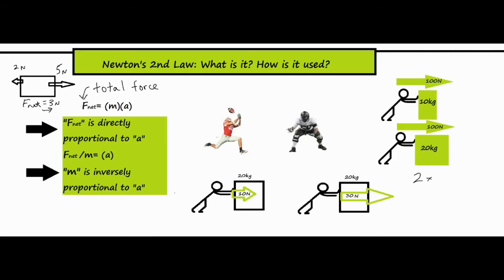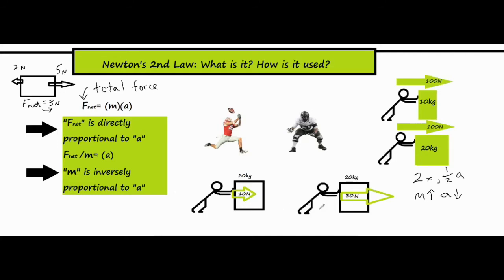Now, earlier we said that mass is inversely proportional to acceleration. So that means that if the mass goes up, the acceleration must go down. And it is an inverse relationship, which means that if you have 2 times the mass, if you take the inverse of 2, that is 1/2, you have exactly 1/2 the acceleration.